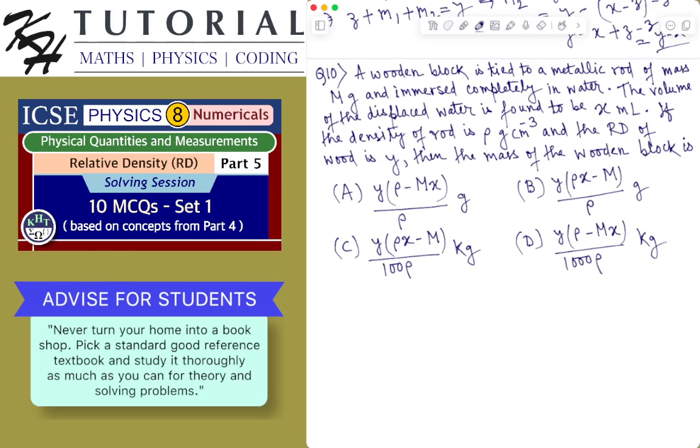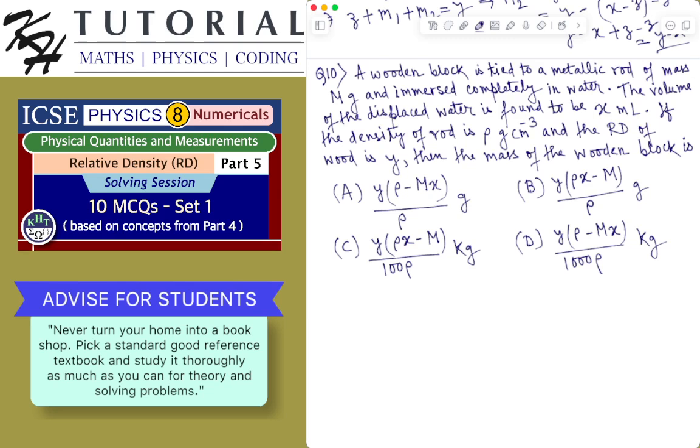Now to find the mass of the wooden block, what do we need to know? We need to know the volume of the wooden block and the density of wood. The relative density of wood is given, which is y, so from there we can find the density of wood. If we can find the volume of the wooden block, then we can easily find the mass.